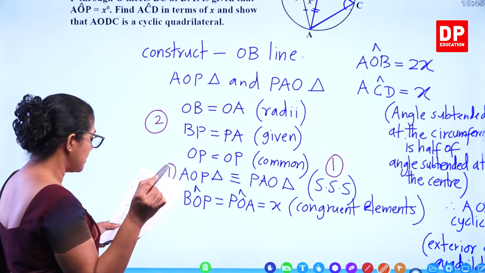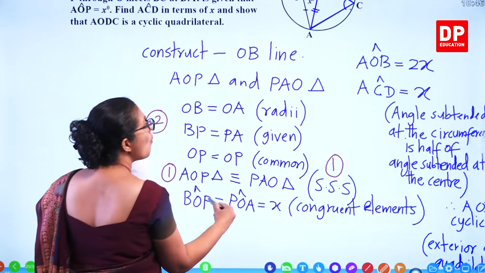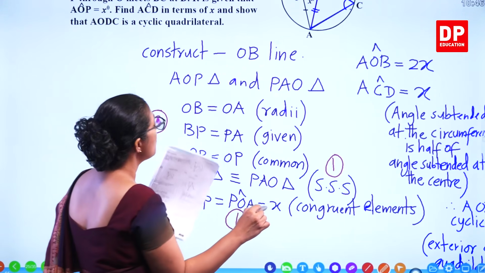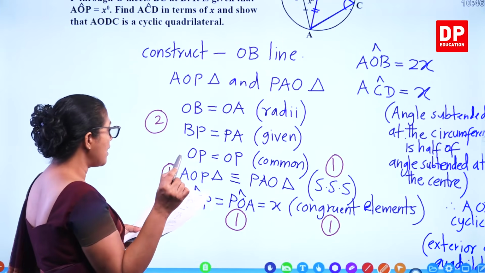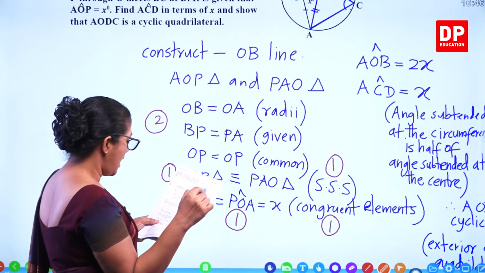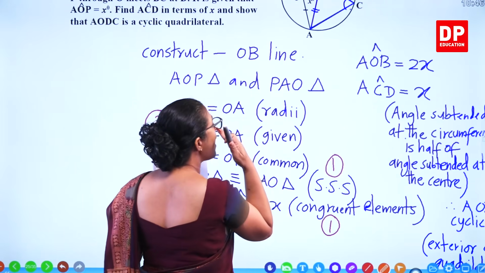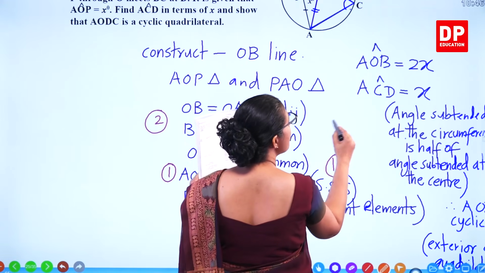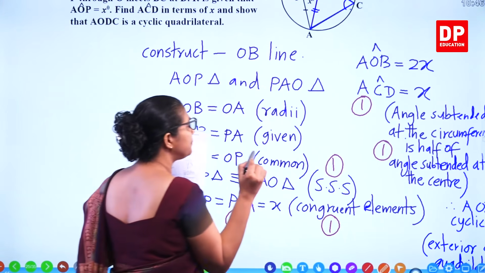Then this one 1 mark because of congruent, and another 1 mark for the reason congruent elements are equal. So 2, 3, 4, 5, 6. 2 marks here using the theorem angle subtended at the center and at the circumference: 1 mark, and 1 mark for the reason.